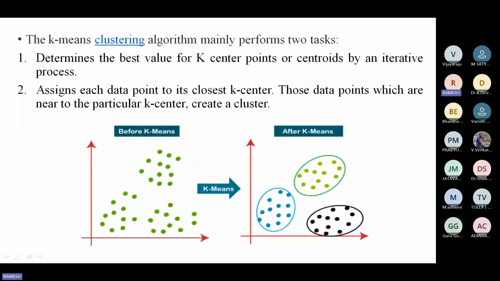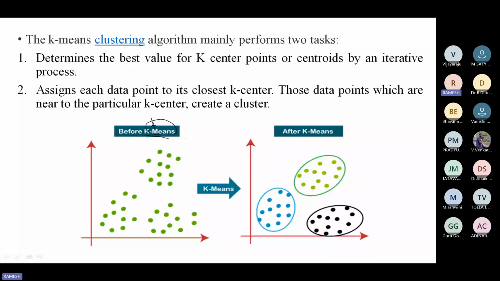Here also, same like KNN, K nearest neighbors, we are going to calculate the distances. Based on the distances, we are making them into clusters, meaning to which center it is nearest, that center it belongs to, that cluster it belongs to.